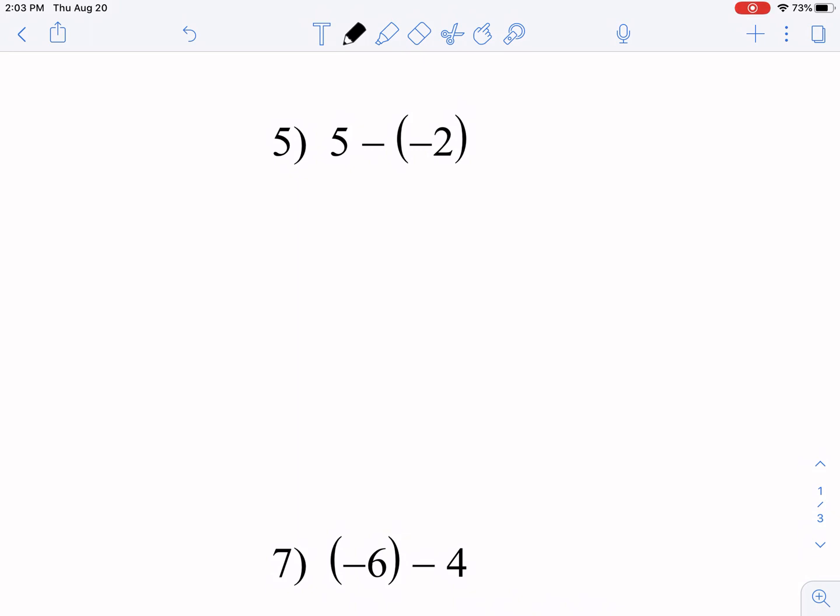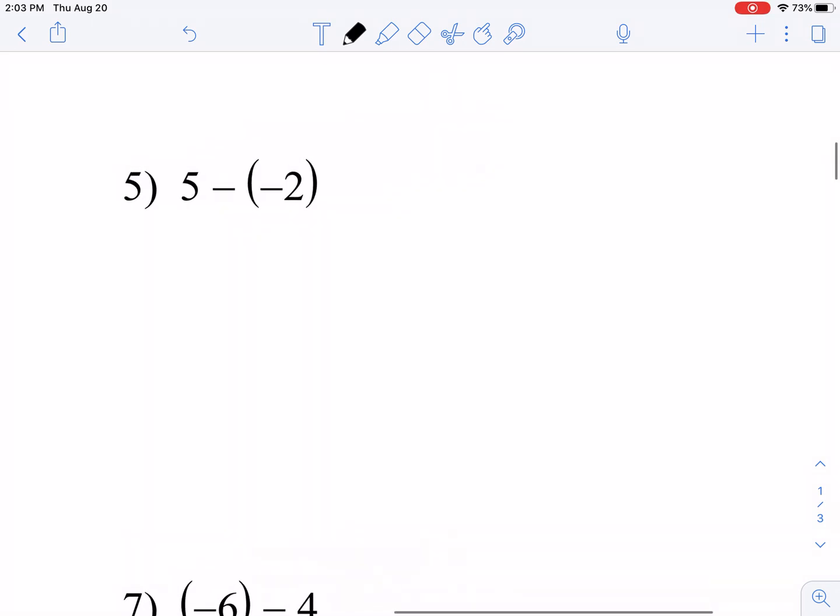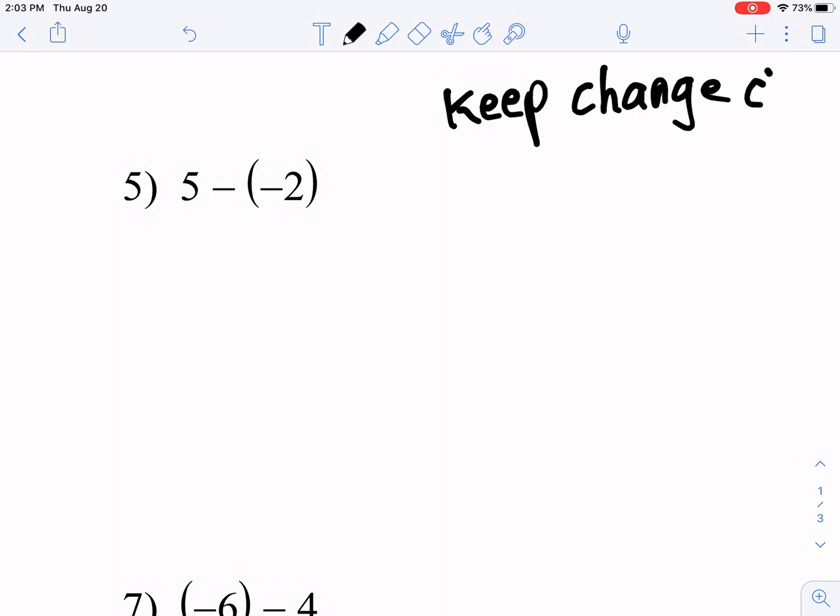Minus a negative, what does that even mean? Well, it's kind of like you make two lefts and you end up going back to where you started, in the same direction from which you came from. It kind of undoes things a little bit. So the way we can think of it is there's a couple different sayings. One saying is keep, change, change.